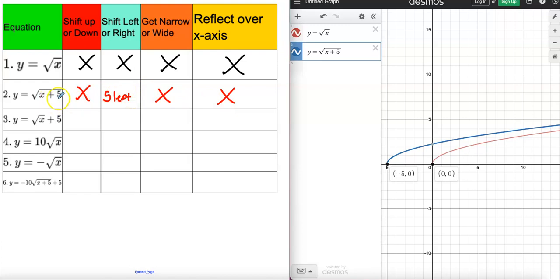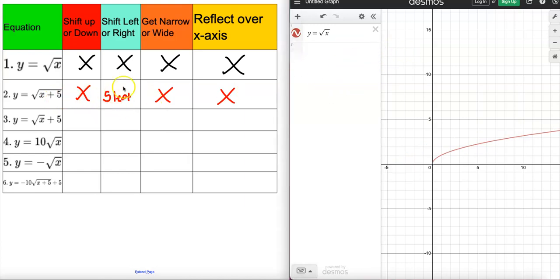So now I can see that this 5 underneath the square root causes the parent function to shift over -5 units, or to the left 5 units. So remember that. All right, what do you think of a negative? What if this was -5? What do you think would happen? Something to think about.